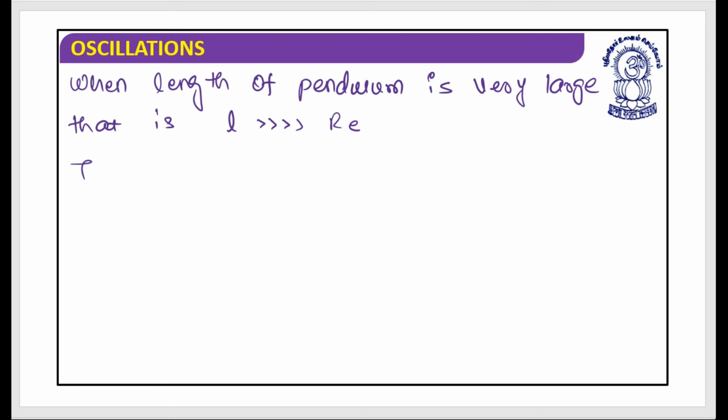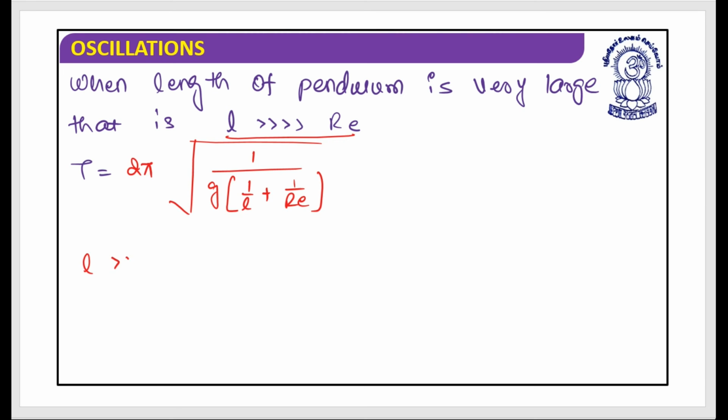The standard formula is T is equal to 2π root of 1 divided by g into bracket 1/L plus 1/Re, and as I have the condition L much greater than Re, that means 1/L is much less than 1/Re.